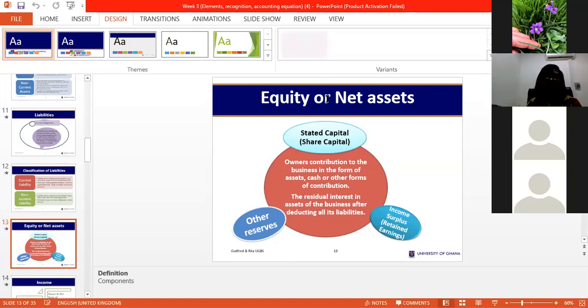Okay. When we talk about equity, it is made up of the stated capital or the contributions of the owners plus surpluses from having performed well. And there are other reserves, other times, some figures that pop up, and we put it as other reserves. Okay, as we go along, we will get to understand.